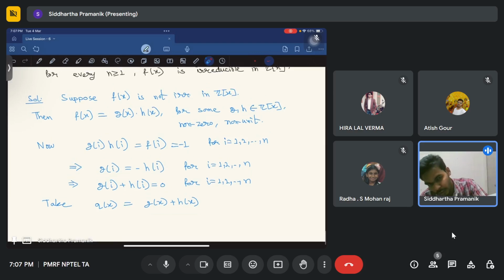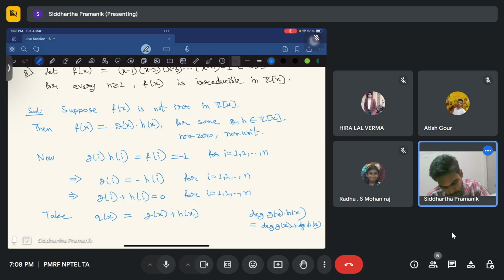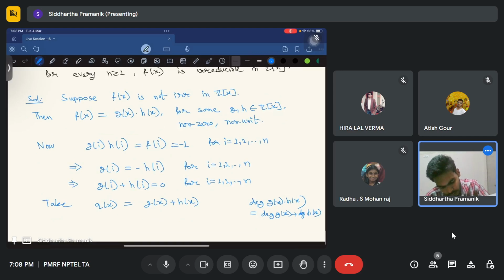Okay, just go back to this equation. We are in Z[x], right? So the degree of g(x) times h(x) is the degree of g(x) plus the degree of h(x), and this equals the degree of f(x).